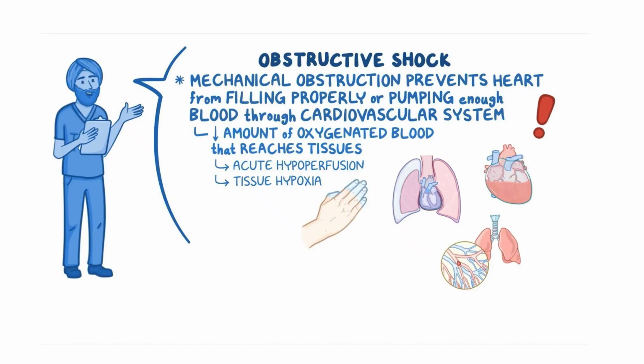So the heart is unable to pump effectively. Although an increased afterload can contribute to cardiogenic shock, I want you to think pump failure. With obstructive shock, what's going on is you have a mechanical obstruction that is going to prevent the heart from properly filling or pumping enough blood.